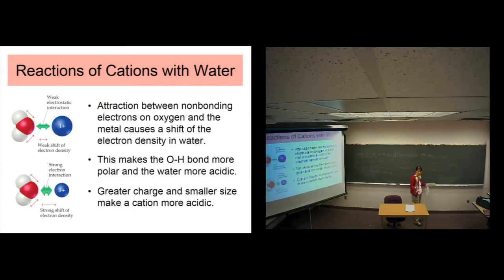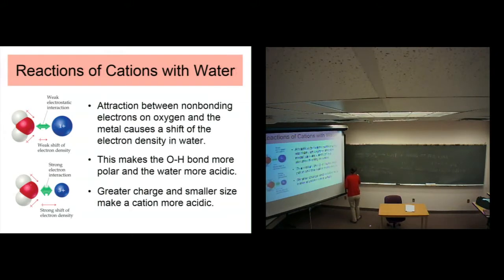Plus OH minus. So I'm going to get my acetic acid plus the hydroxide ion. So what is this going to make the solution? This hydroxide ion is going to make the solution basic. So anions from weak acids are going to make my solution more basic. And there you go.